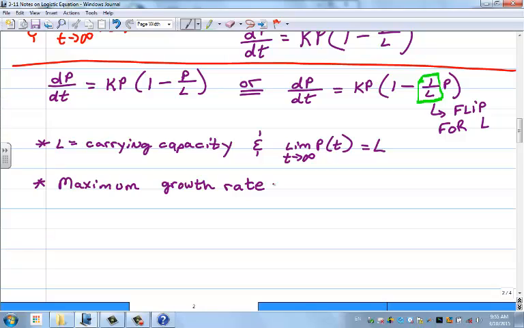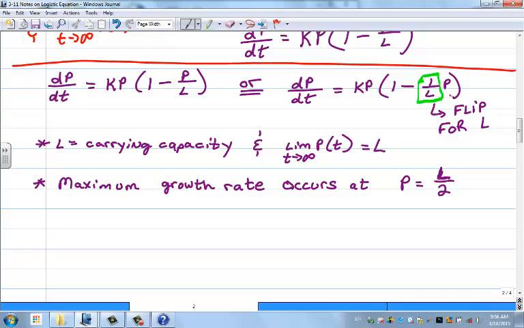So the maximum of the parabola will occur at P equals L over 2. So you don't need to mess around with doing a lot of difficult math. You get this in this form, you pull out L, and you divide by 2 to find the maximum growth rate.